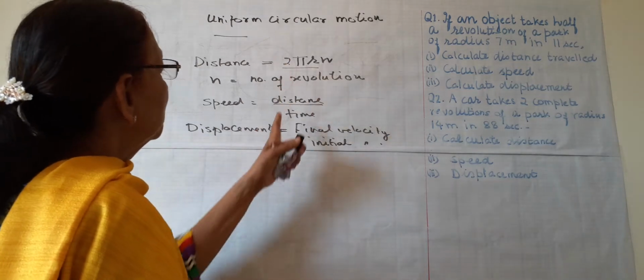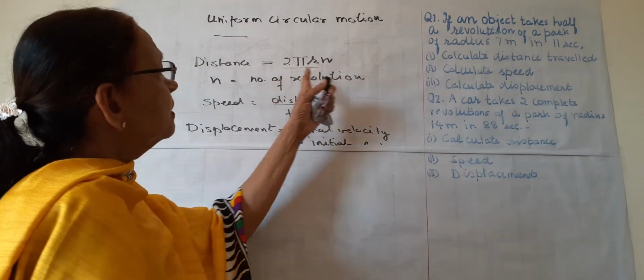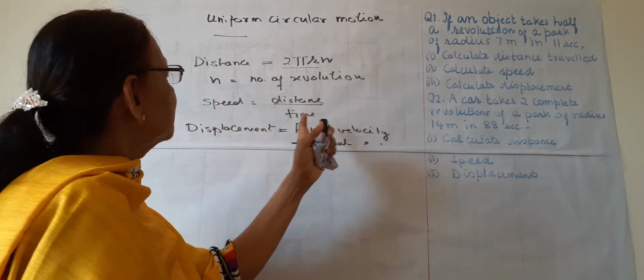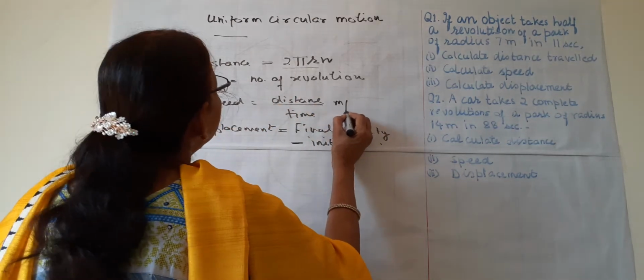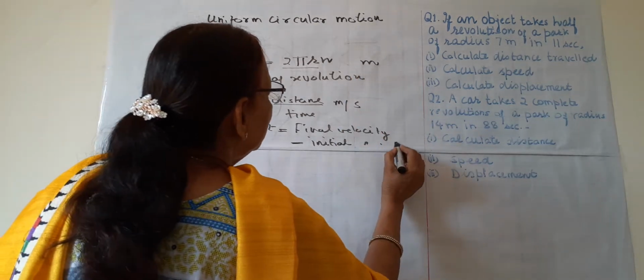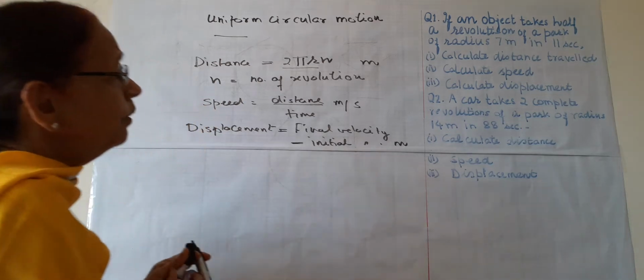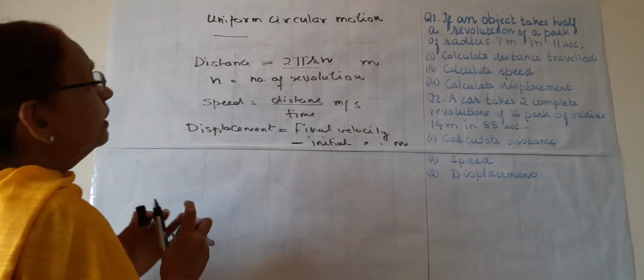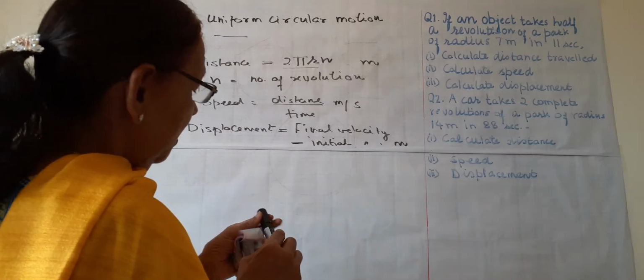So you have to learn all these three formulas: distance 2 pi r n, where n is the number of revolutions; speed, distance upon time in meter per second, distance in meters; and displacement in meters. So we will solve these two numericals based on these three formulas.